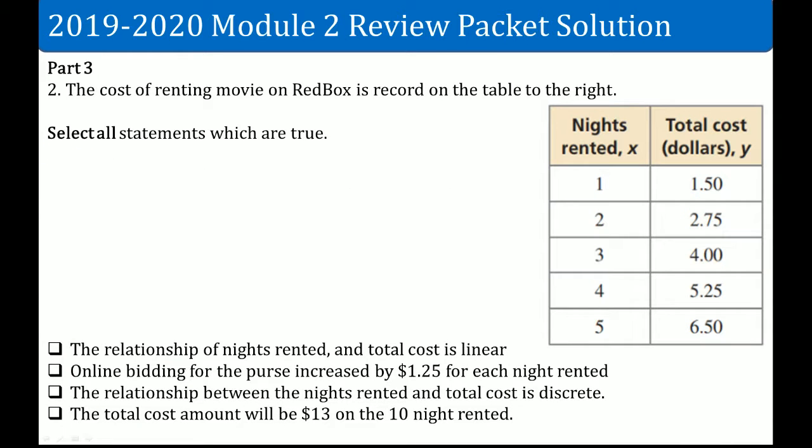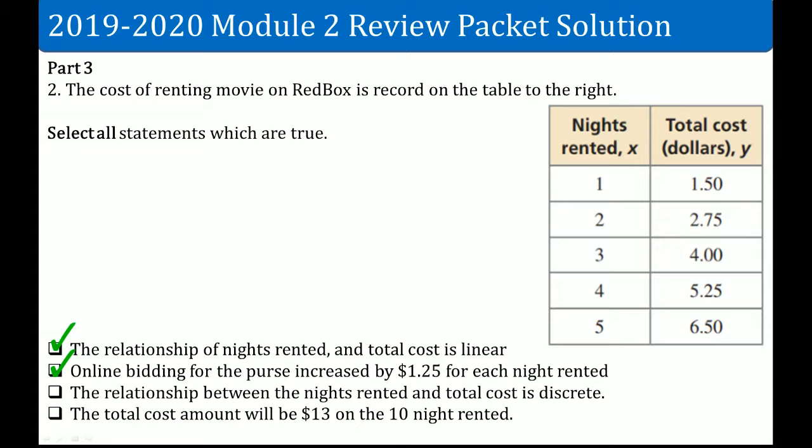The cost of renting a movie on Redbox is recorded on the table. Select all statements that are true. The relationship of nights rented and total cost is linear. That is correct because they're increasing by a constant amount each time. The constant amount is number 2. Online bidding for the purse increased by $1.25 for each night rented. It should be total cost of the movie increased by $1.25 per night.